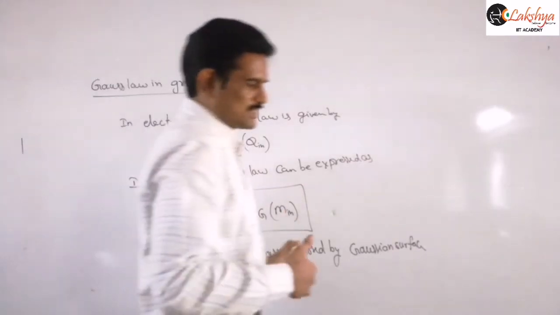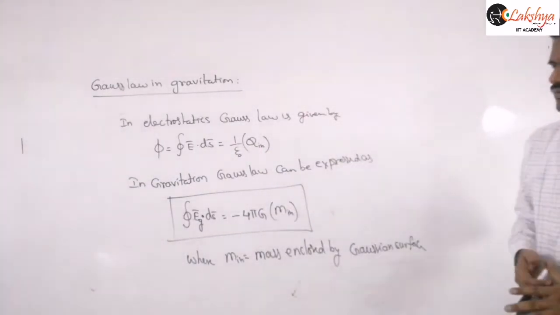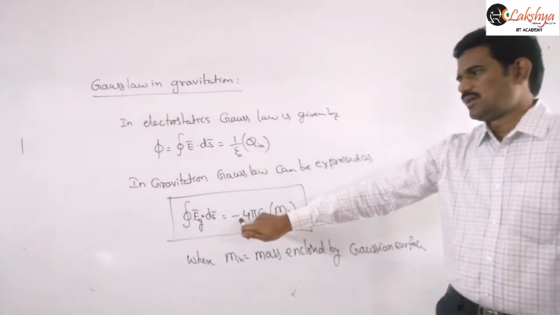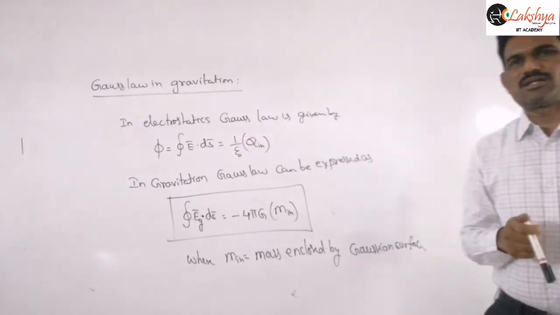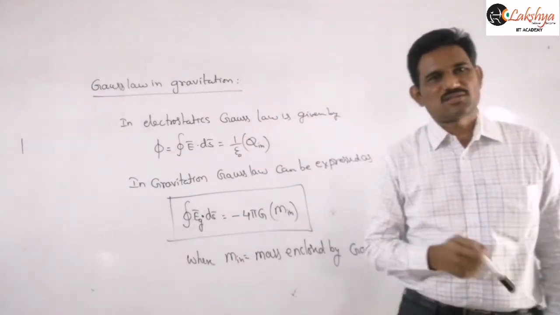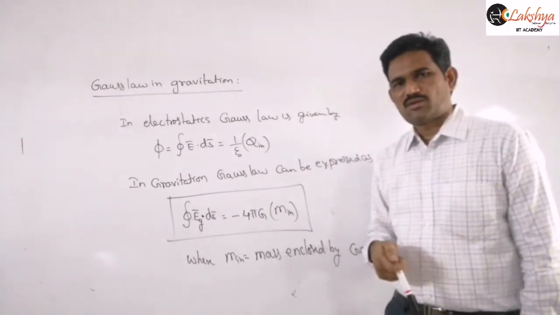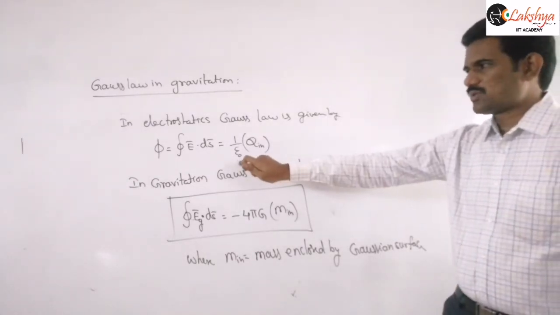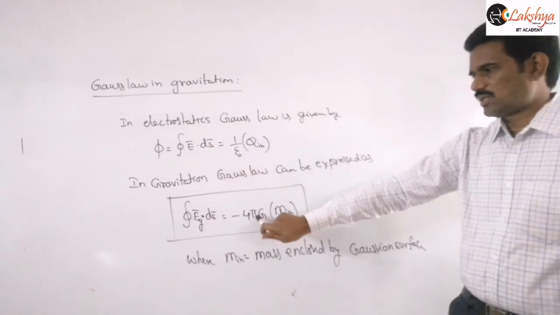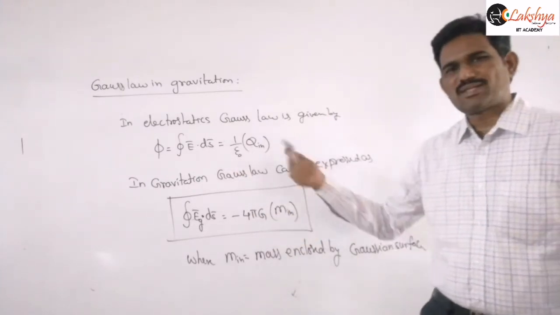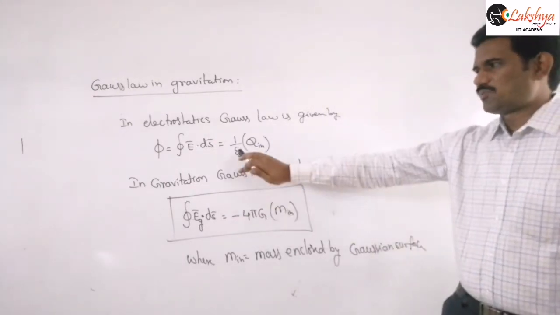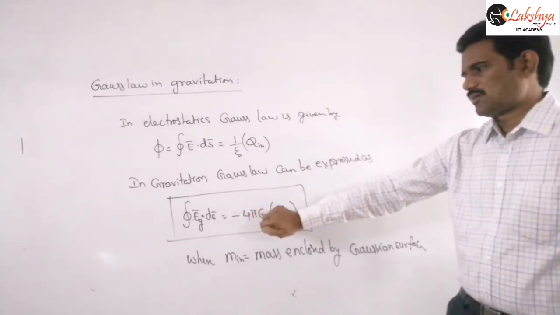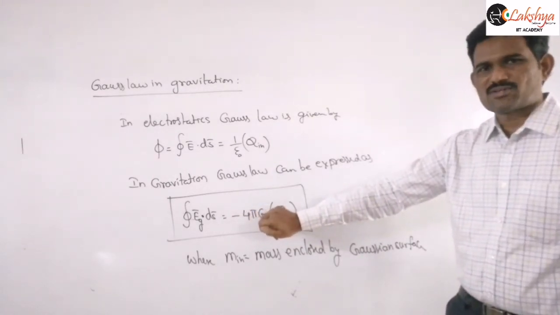That is Gauss law in electrostatics. In the conversion, the proportionality constant in Coulomb's law is 1 by 4 pi epsilon naught, and in gravitation it is G. So instead of 1 by 4 pi epsilon naught, where only epsilon naught appears in Gauss law, we get 4 pi G. The total derivation is not required, you just need to remember that 1 by 4 pi epsilon naught is to be replaced by minus 4 pi G, where G is the universal gravitational constant, right?